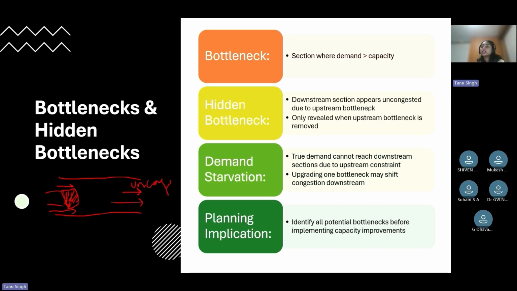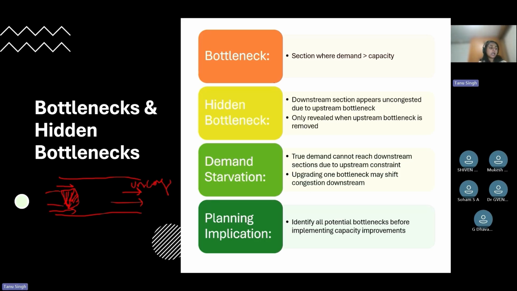It is only revealed when the upstream bottleneck is removed. Here the road is not able to be fully used to its capacity because of some bottleneck conditions. This phenomenon is known as a hidden bottleneck condition.